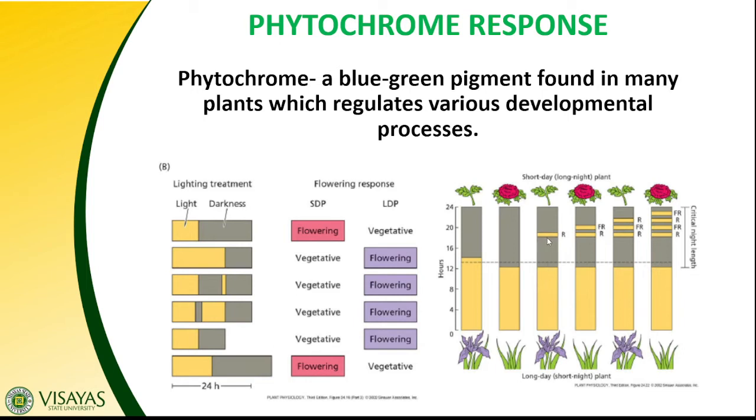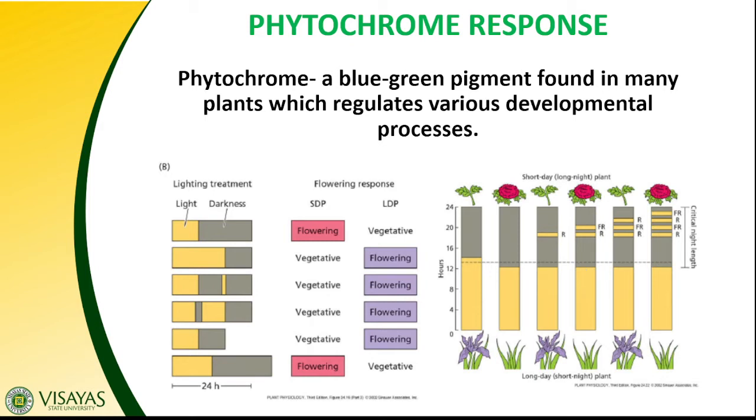So there is more phytochrome being synthesized in this condition, which is inhibitory to the flowering of the short-day plants. In the fourth column, again we still have this short-day condition.